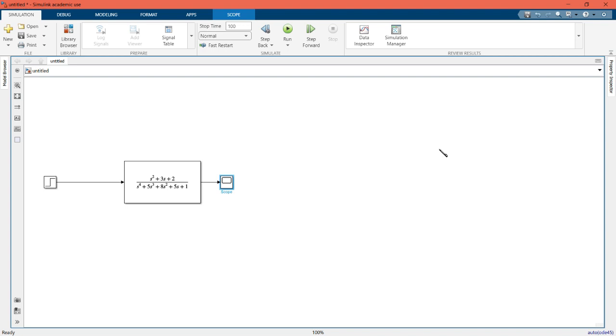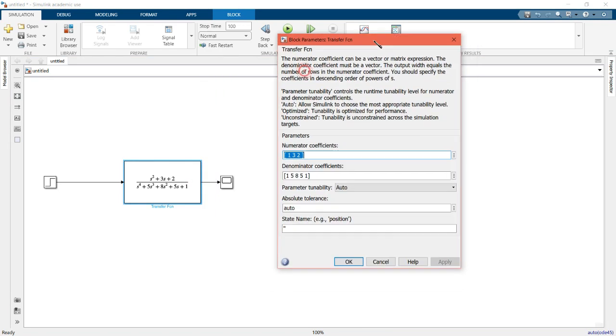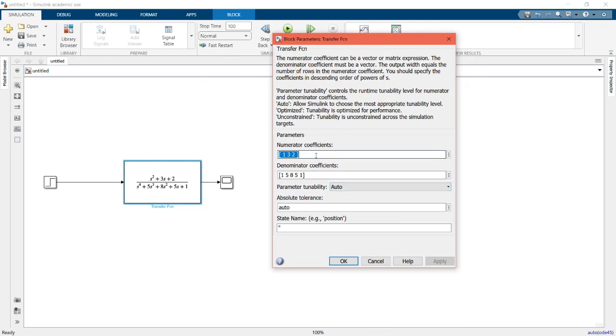Now let's look at the Simulink model for x2 over F. x2 over F consists of the same blocks, which are the unit step block, transfer function block, and also the scope block, except for the transfer function numerator coefficients. We obtained the coefficients from the MATLAB command just now from the coding, and the coefficients are 1, 3, and 2.